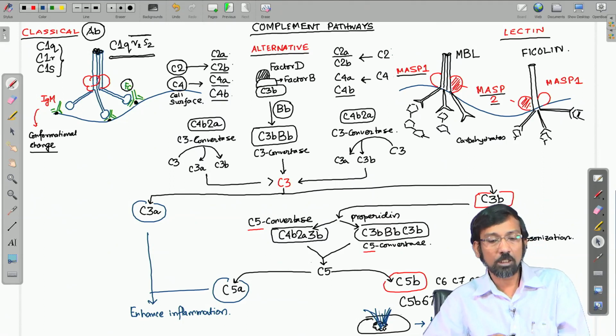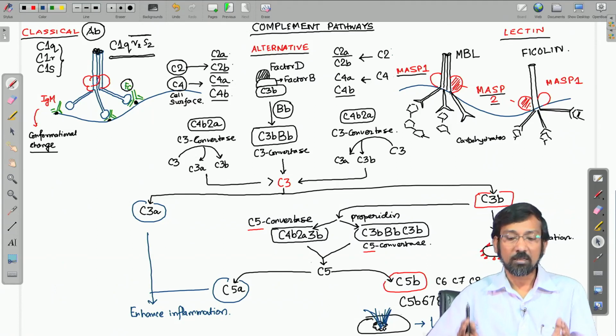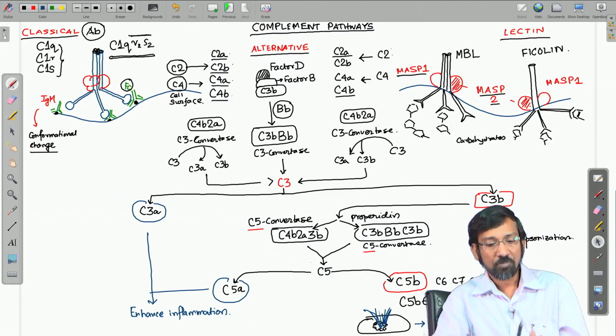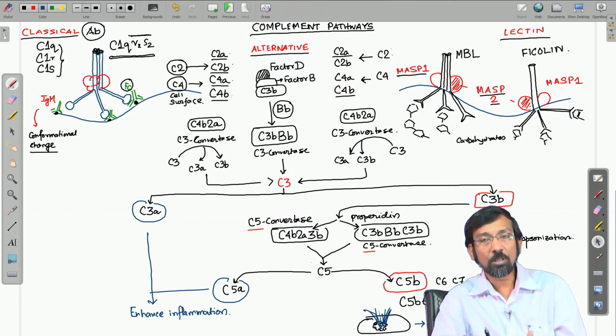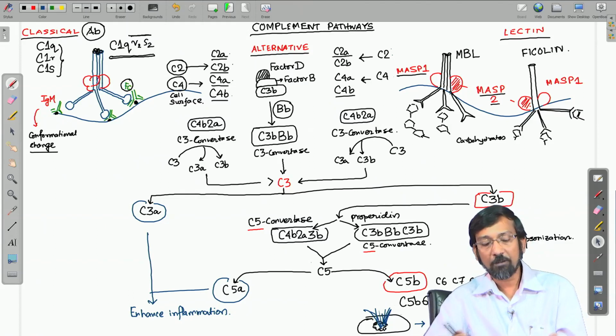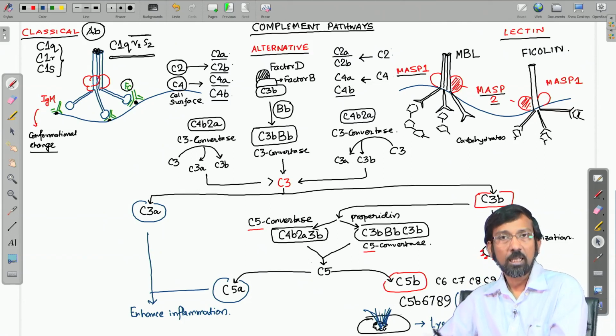I hope you understand this. This is a very general overview of how these three pathways are being activated, the cascade of events occurring in the three different pathways, and how they finally converge at the formation of the C3 convertase, breaking down C3 into C3a and C3b, and finally breaking down of C5 and either mediating inflammation or cell lysis or opsonization.